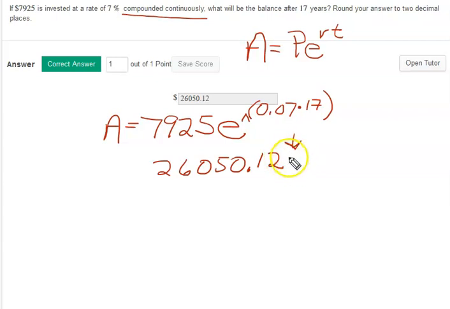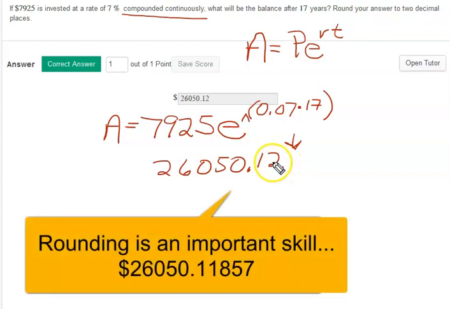If it's 5 or more, you're going to drop this and add 1 to what was there originally. If it's 4 or less, you just drop it and you keep it this way. Now, if you're not exact about this, they're going to count it wrong. But this is where I can give partial credit if you just have a rounding error. All right, let's go on.